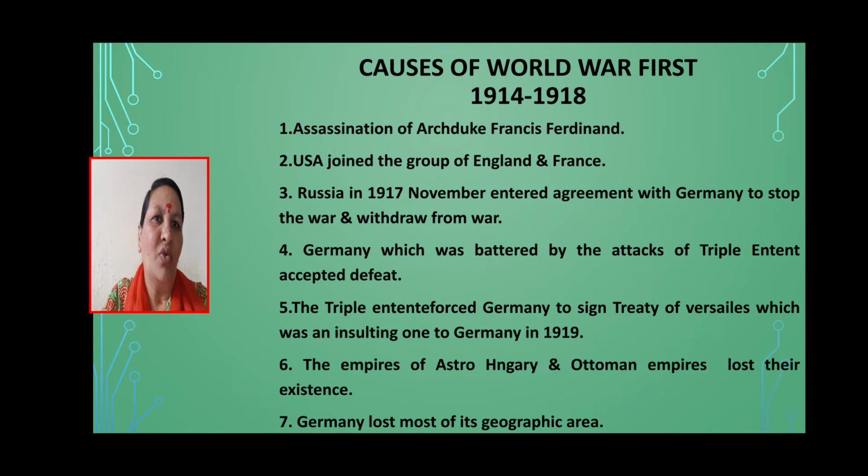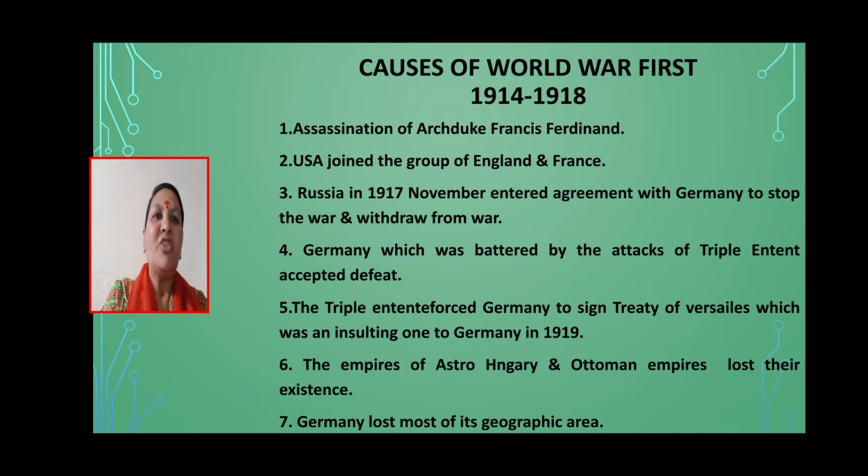Coming to the most important aspect of this World War, what are the causes of the World War? First, it begins in 1914 to 1918 with the assassination of Archduke Francis Ferdinand. Second, USA joined the group of England and France.